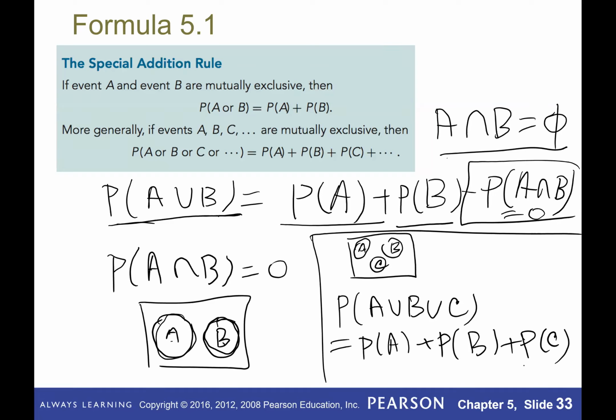If all the events are mutually exclusive, then the probability of A or B or C or D or E will be the probability of A plus the probability of B plus the probability of C plus the probability of D, and so on.